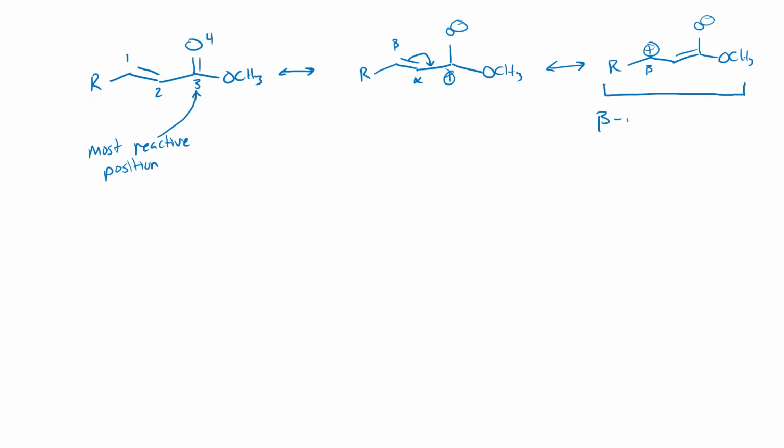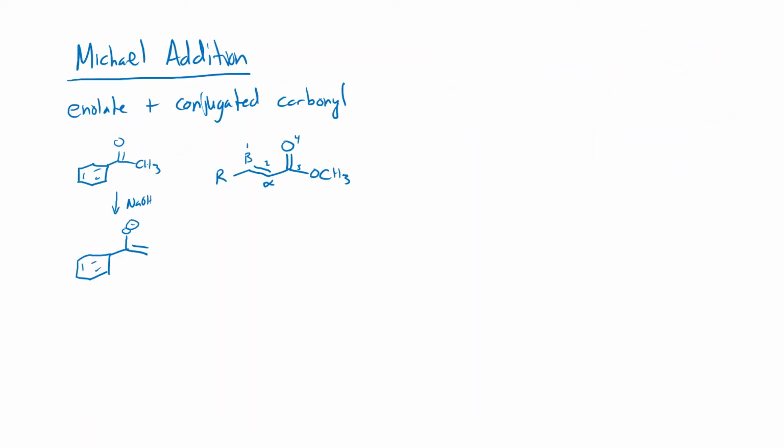But what's important to note here is that the beta position has carbocation characteristics. The beta position can react as if it is a carbocation. So if we have a nucleophile around, we can add that nucleophile to the beta position. Now, the good news is we have a nucleophile around, right?